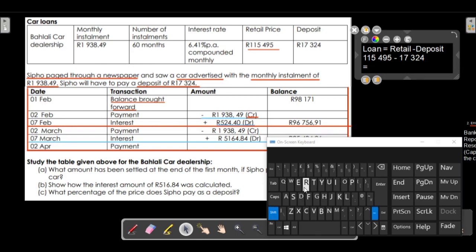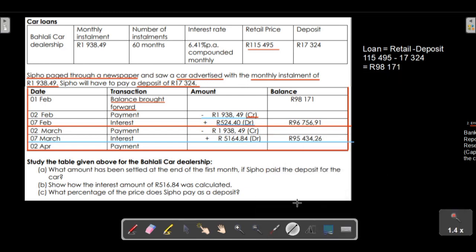Boom, there we go. It's 98,171, which is exactly what has been brought forward as the opening balance. Remember, they are charging him on the loan amount, and that is how you calculate the loan amount: retail minus deposit. If there's no deposit, then they will charge interest on the retail amount. So they are charging interest on this amount.